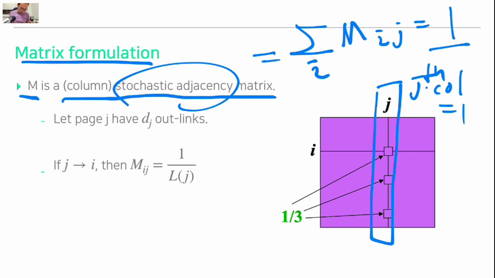It has 3 outgoing links, so that's why we have 1/3, 1/3, 1/3. The sum is still the same as 1, right? Here, the same. So when we have the entry between j and i, we have this value.